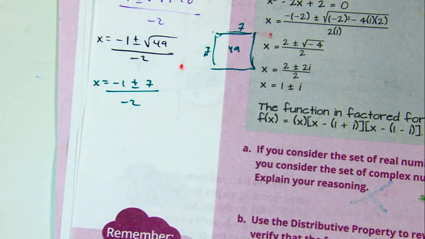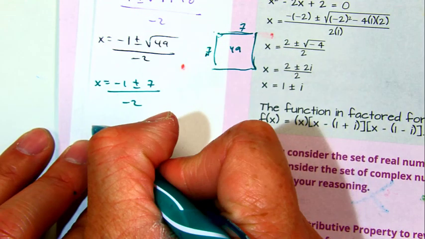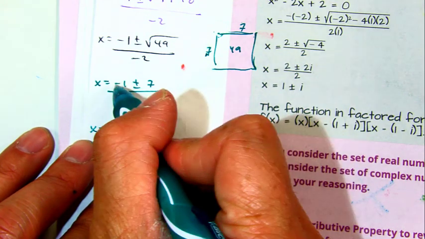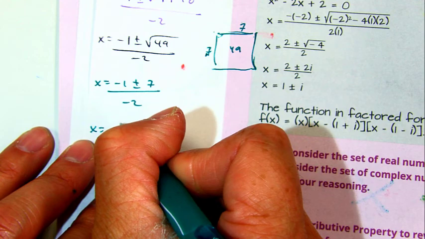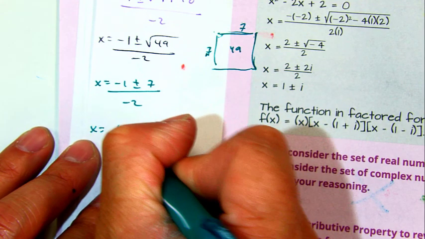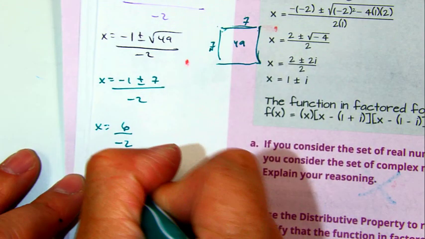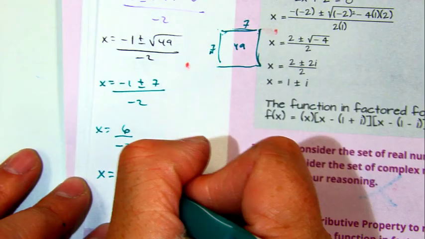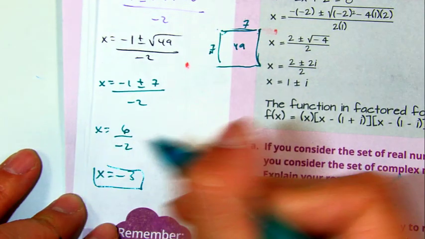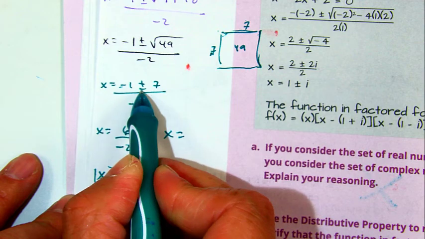Alright, Lana, let's now separate the plus and minus. Lana, what's -1 plus 7? And 6 divided by -2. -3. And then Lana, what is -1 minus 7?